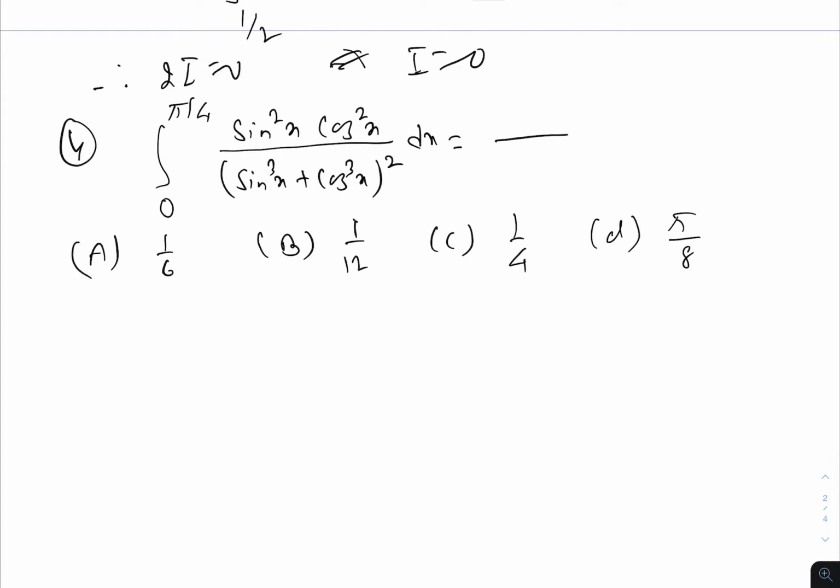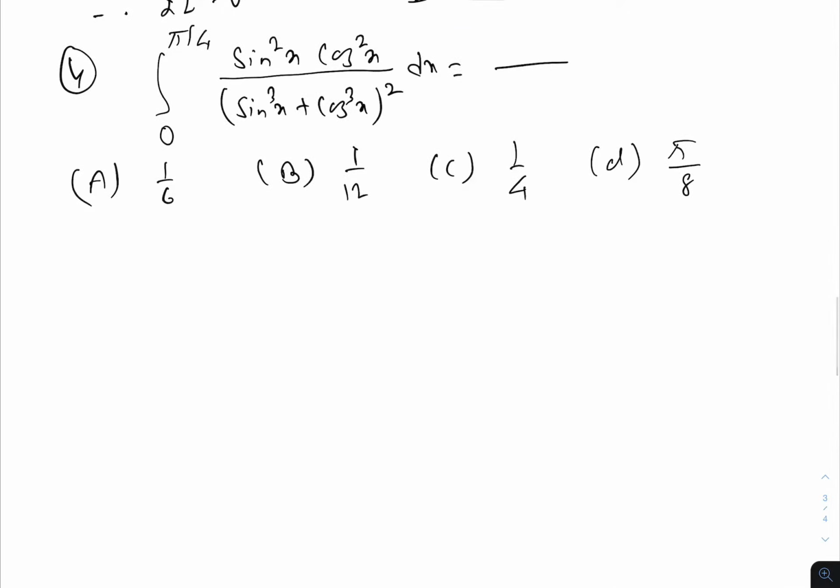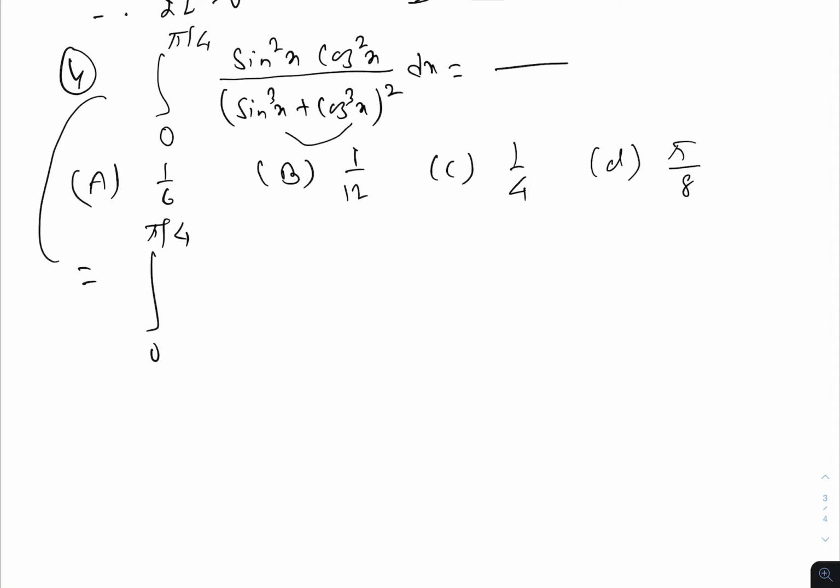So here, again you can see this example, it is not difficult. What you can do here is, integration 0 to pi by 4, divide by cos cube x, so that will be tan cube, and cosine power 6.